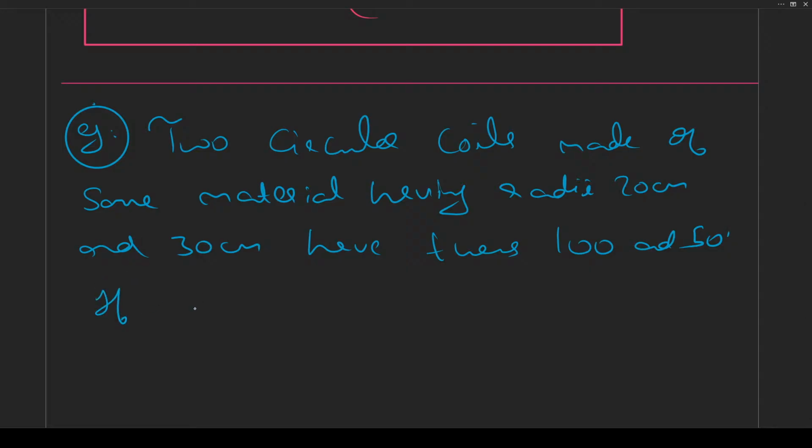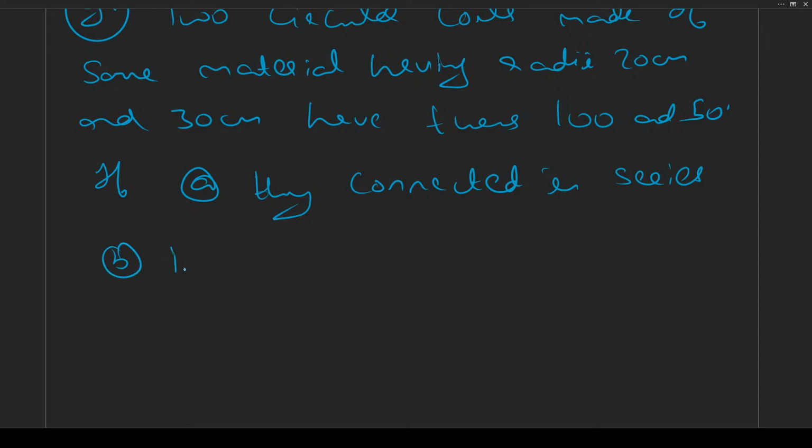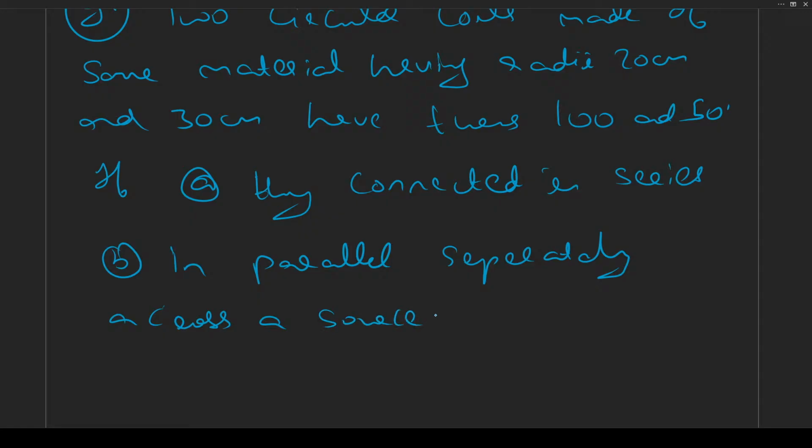If A, they are connected in series, B, in parallel, separately across a source of EMF, basically connected to a battery. Find the ratio of B produced at center.